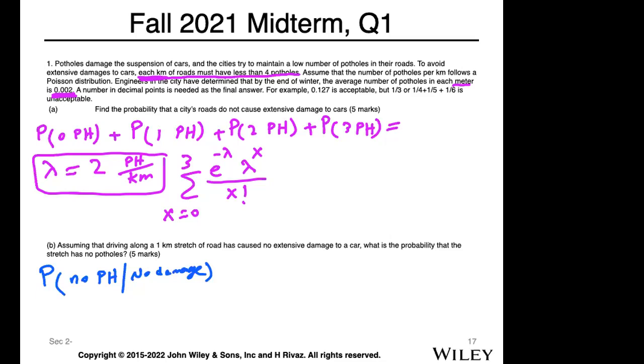In my opinion, this is the most important part of solving a question: when you read the English, you should be able to convert it into conditional probability language. So we want to calculate the probability of no pothole, given that there was no extensive damage to a car.